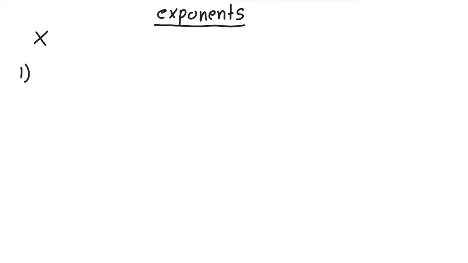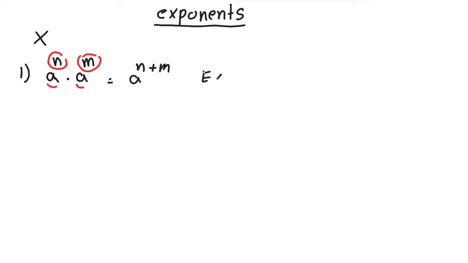The first one: if the bases are the same, like a to the power of n multiplied by a to the power of m, when the bases are the same and the exponents or powers are different, it's equal to a, we take one base and add the exponents, n plus m.